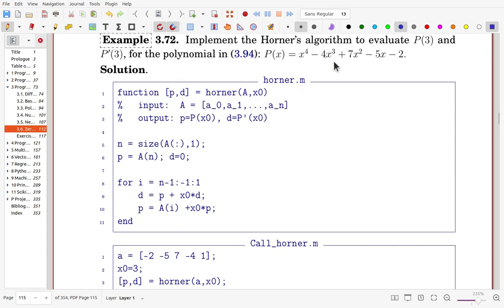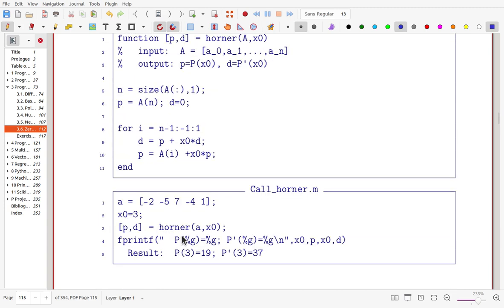For this polynomial, we collect the coefficients in decreasing order, x0 is 3, and we call the Horner function, and p and d are obtained, and we print them out. The result is p at 3 is 19, and p prime at 3 is 37, saved in the variable d. So it's a correct implementation.